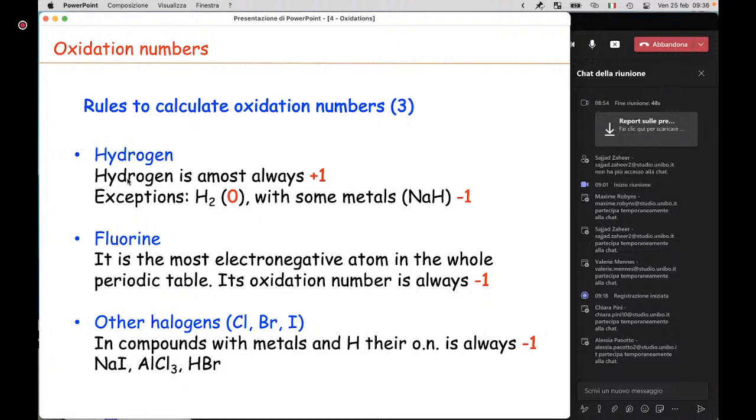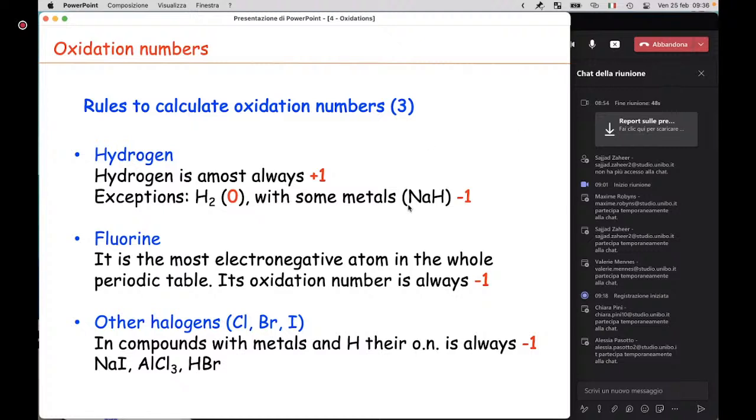These are peroxides, and here oxygen has -1 oxidation number. Hydrogen, you may remember that hydrogen is the first element in the first column, so its electronegativity is quite low. So hydrogen is almost always +1, with exception, of course, of the homoatomic hydrogen molecule, where it is 0, and when it is bound to some metals, in particular alkaline metals, because alkaline metals always have +1.